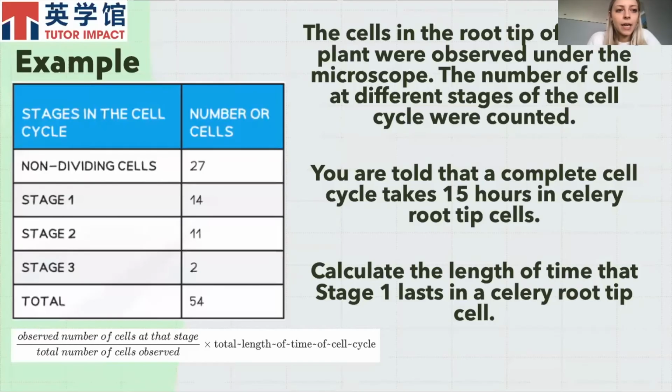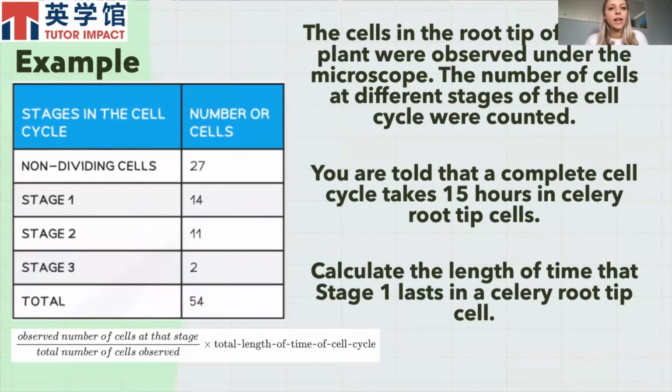So we're going to be looking at this table here, and the cells in this question are from a root tip of a celery plant, and they were observed under a microscope. The number of cells at the different stages were then counted, and they have been recorded in this table for you here. So we have the number of non-dividing cells, we have stage 1, which is interphase, stage 2, which is mitosis, and stage 3, which is cytokinesis.